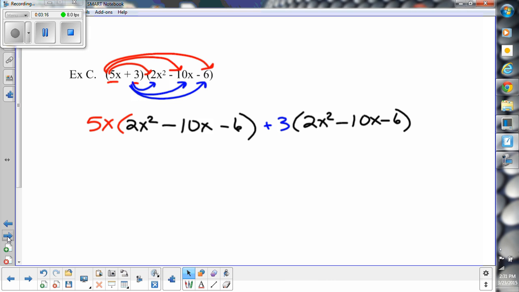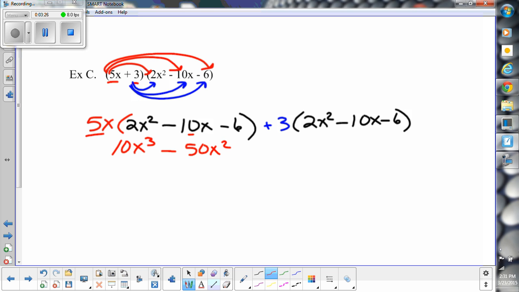We're going to distribute the 5x first. It gives us 10x cubed minus 50x squared, because 5x times a negative 10x is negative 50x squared. 5x times negative 6 is negative 30x.